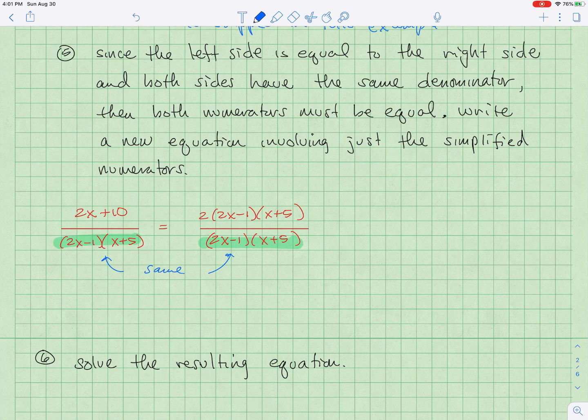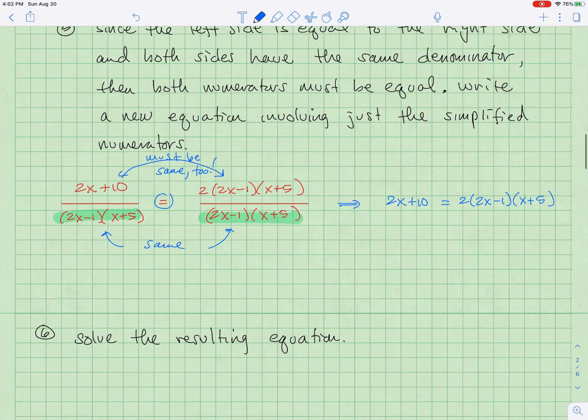Since I already know that they're equal, then the numerators must be equal too. So we're going to set up a new equation: 2x plus 10, the numerator on the left, is equal to 2 times 2x minus 1 times x plus 5, the numerator on the right.